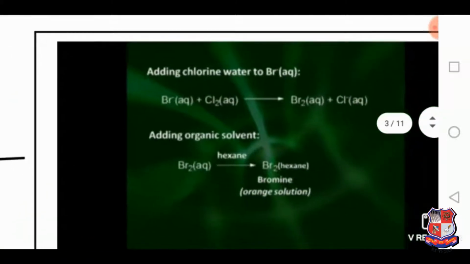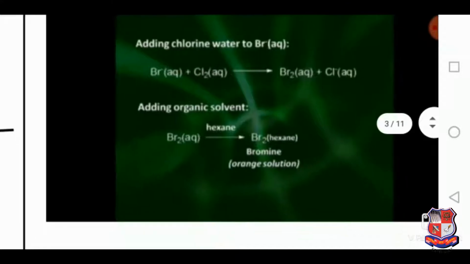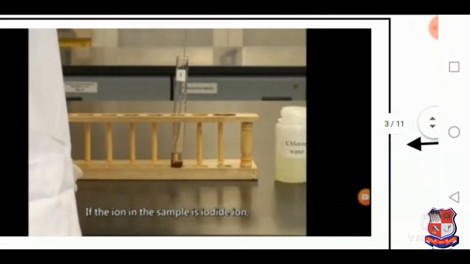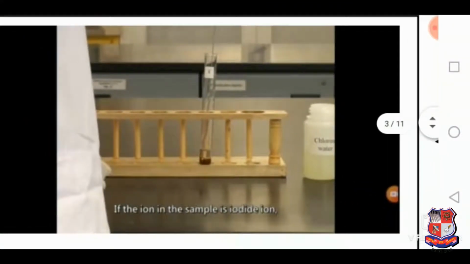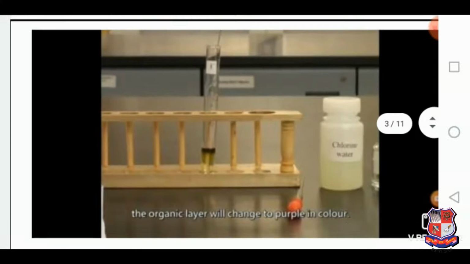So this is a reaction of chlorine water with bromide, and on addition of organic solvent it will become an orange solution. If the ion in the sample is iodide ion, then the organic layer will change to purple in color.